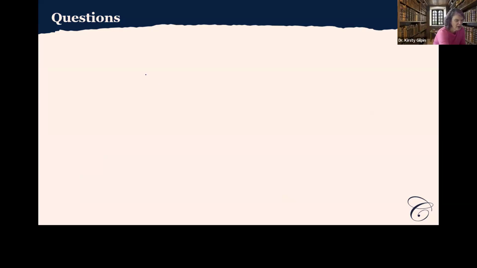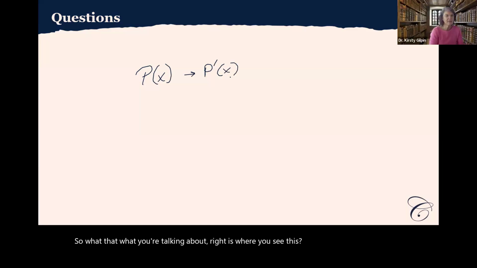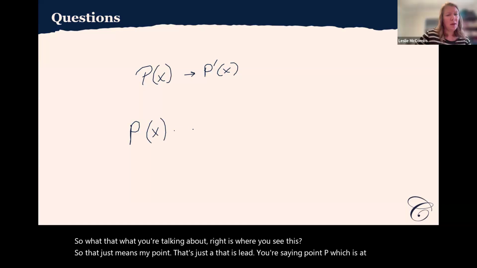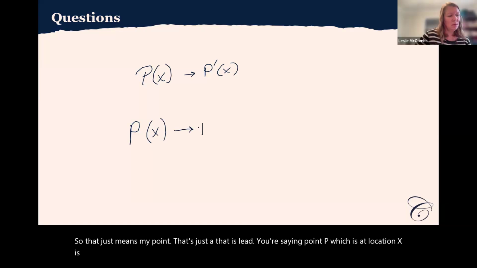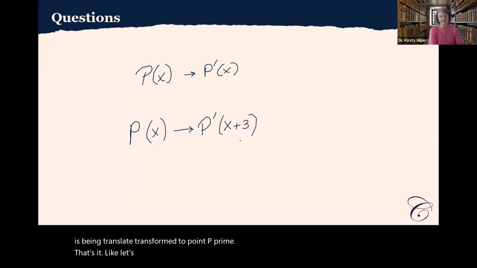So what you're talking about is where you see this. Yes. So that just means my point. That is Lee just saying point P, which is at location X, is being transformed to point P prime. That's like, let's say location X plus 3.